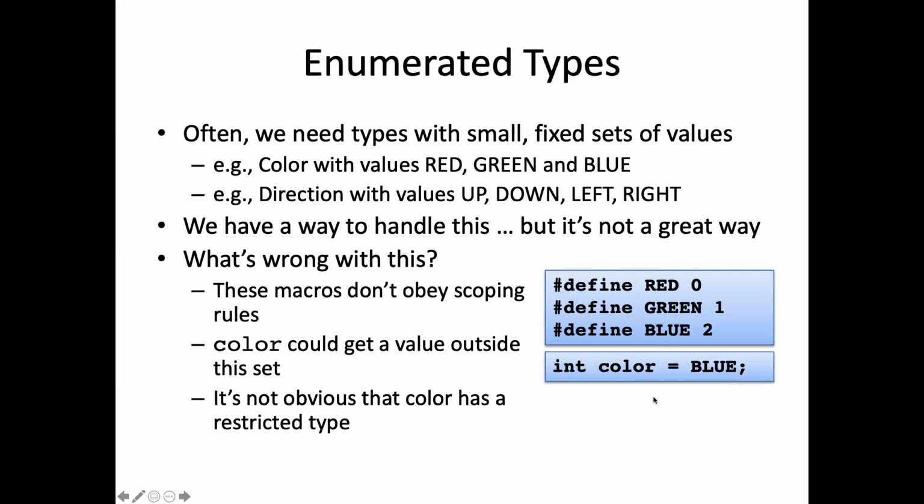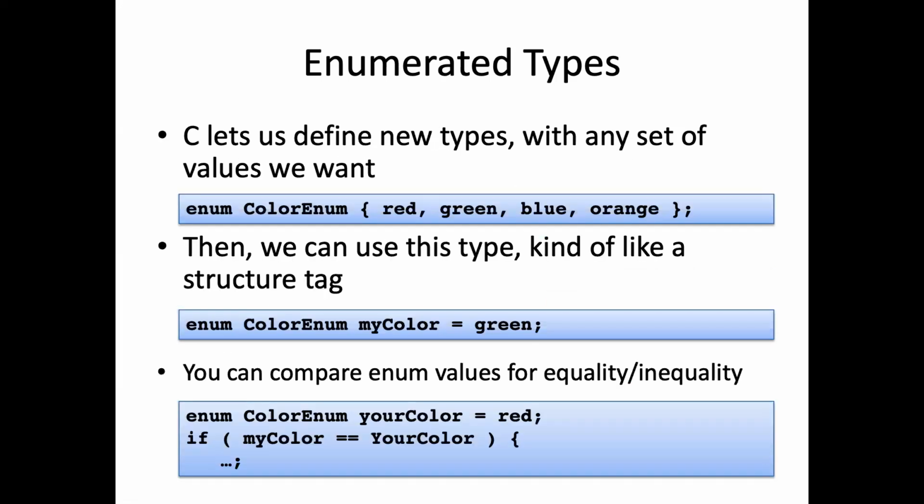An enumerated type would let us tell the compiler more about what we're trying to do, and maybe with that, the compiler could catch some errors in our code. And just like Java, C supports an enumerated type to let you do this kind of thing. And this is the syntax it takes to define one. It's kind of like the syntax for a struct.